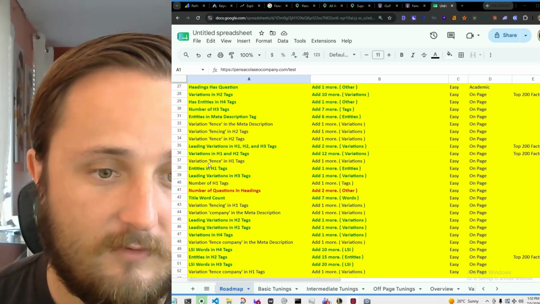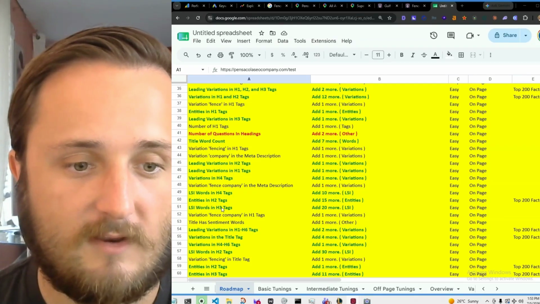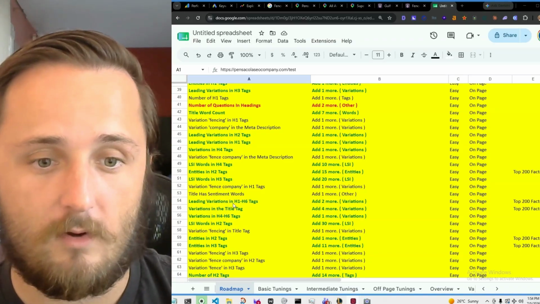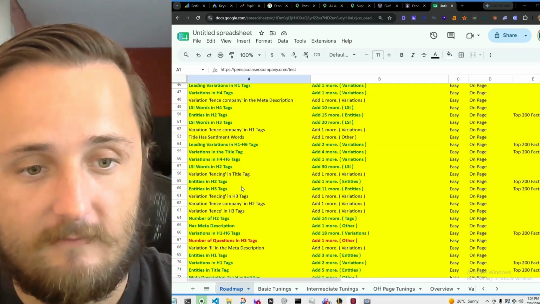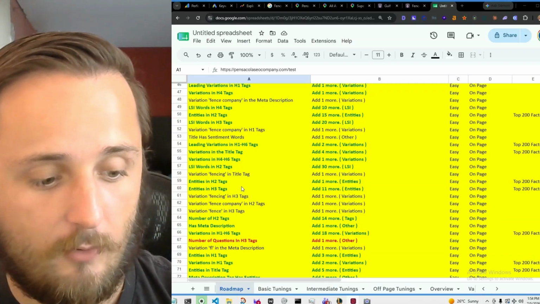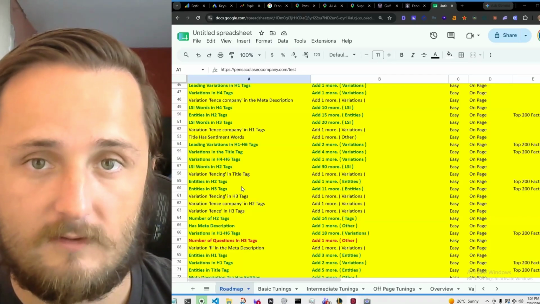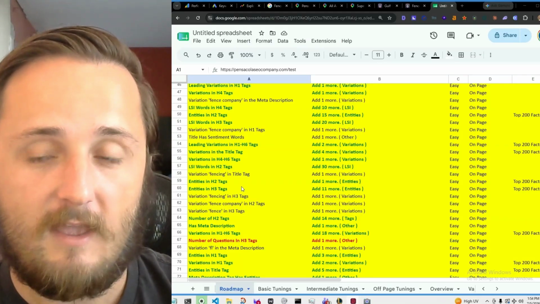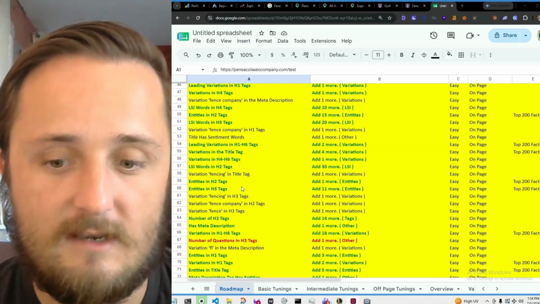You've got the variation of fence in H1 tags, LSI words in H4, entities in H2 tags, LSI words in H3 tags, leading variations through my H1 through H6 tags. It's going to measure every single thing those top 100 pages have. It's going to find what is correlating currently to what is making them rank. Why are they ranking? And it's going to tell me every single on-page optimization I need to be making.